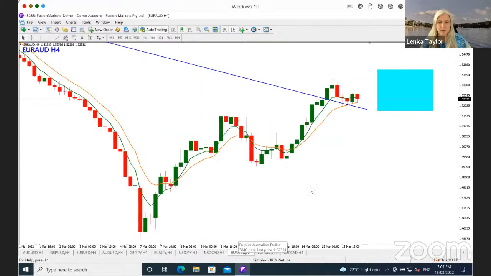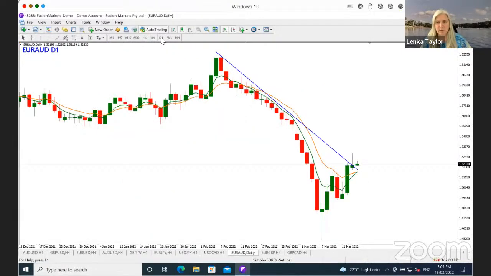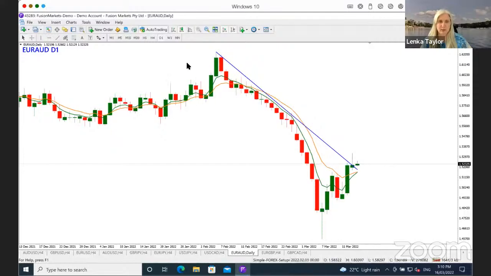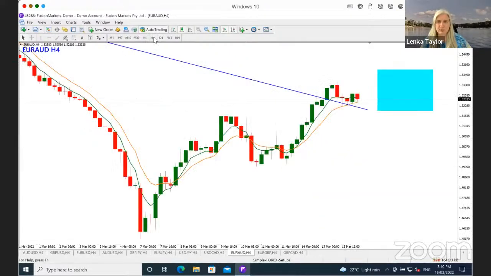Next currency pair I'm looking at is Euro AUD. Euro AUD at the moment, it is still in a downtrend and I'm looking for short, but there has been that big reversal where it could easily just break through and go in the opposite direction. So this one, we just need to be a little bit careful there.